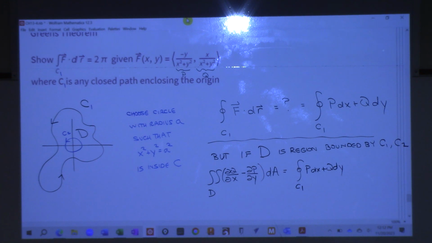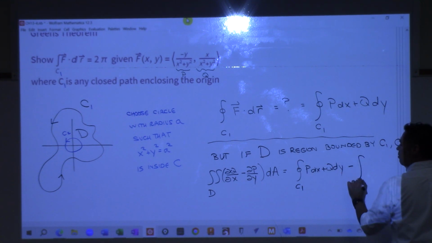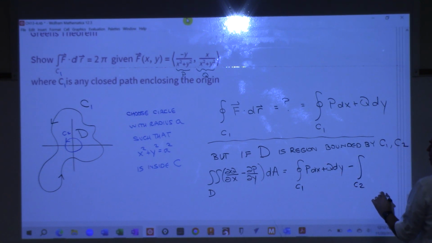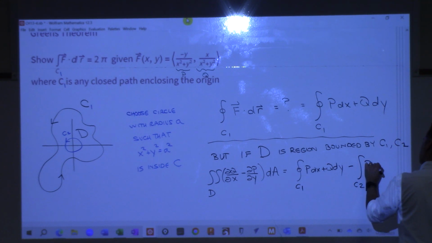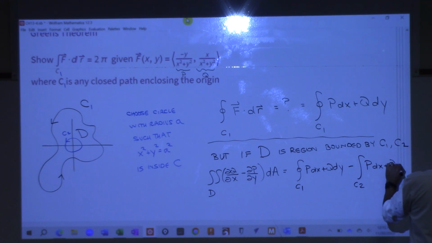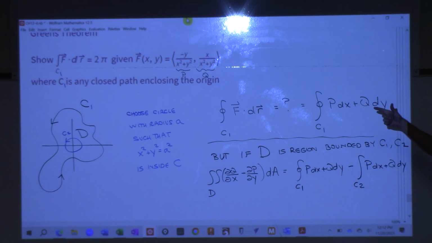Careful. Minus, not plus, the line integral over C2 of p dx plus q dy. That's from the result that we just got in the previous note, right? Do you all buy that? All right.